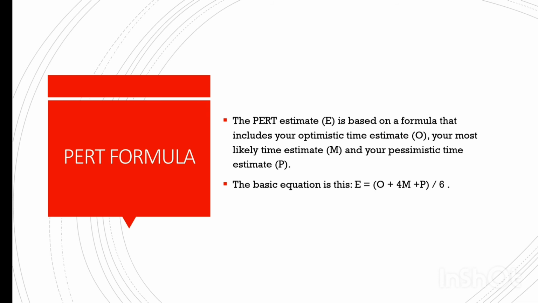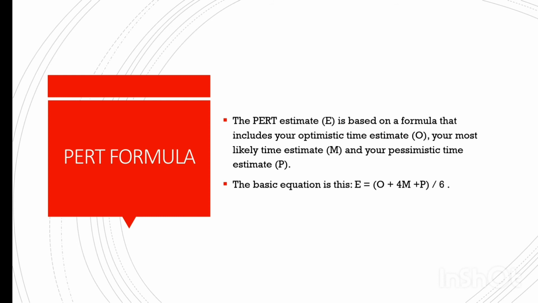So this comes the PERT estimate E. It is based on the formula that includes your optimistic time estimate O, your most likely time estimate, that is M, and your pessimistic time is the P. So the basic equation is that E is equal to O plus 4M plus P by 6.